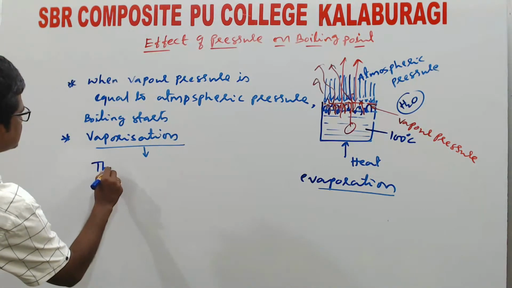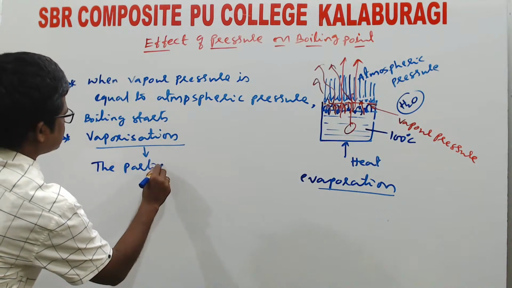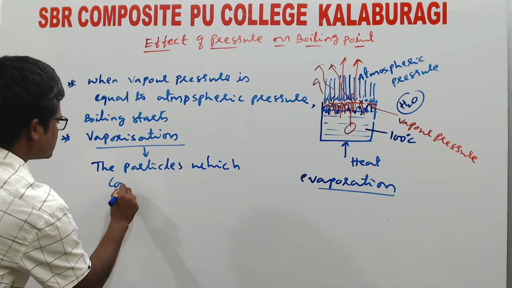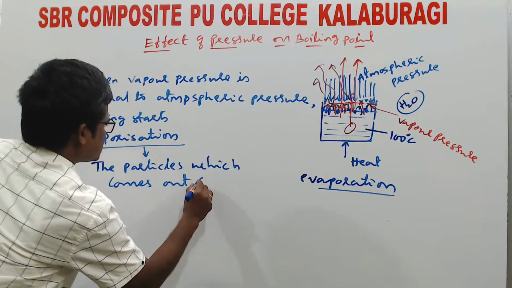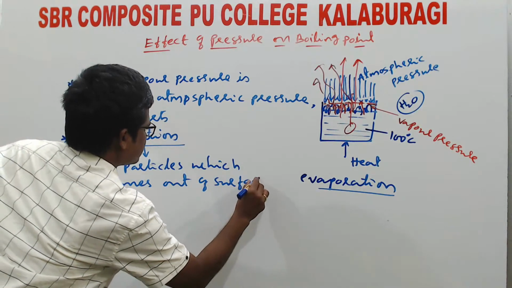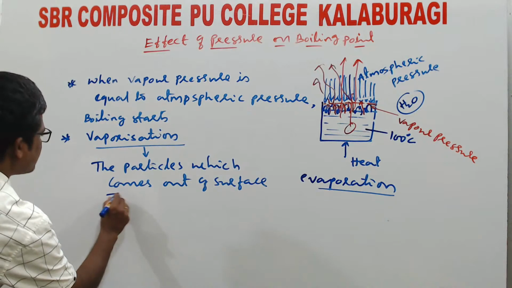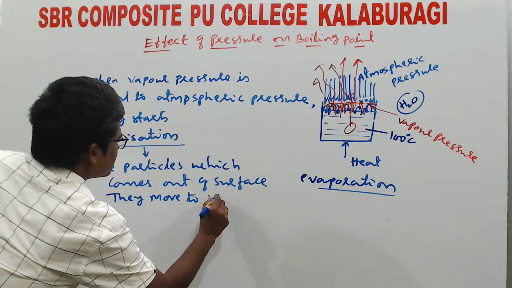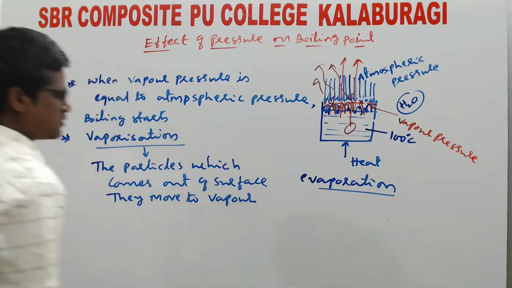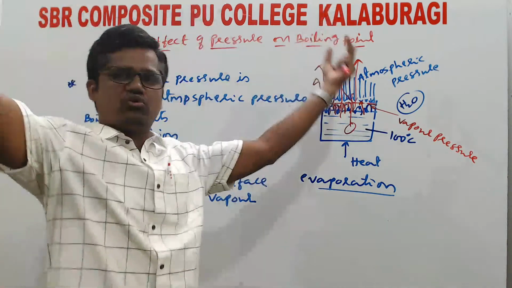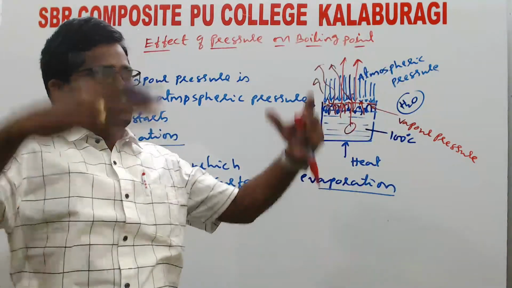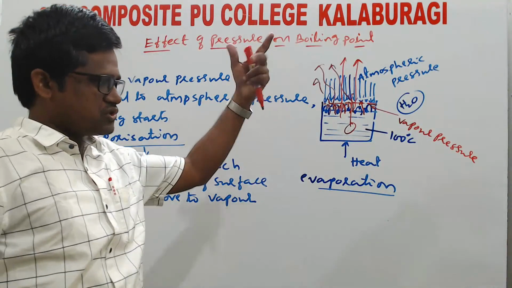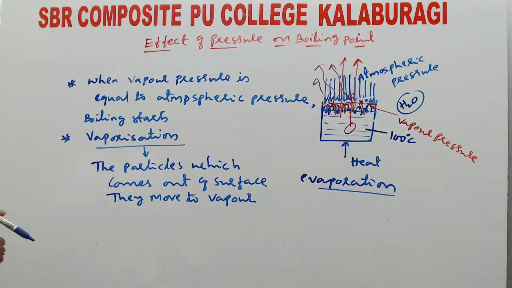The particles which come out of the surface move to vapor form. All particles whoever comes out will go to the vapor. They will go as free H2O molecules, as steam. Right? Okay.